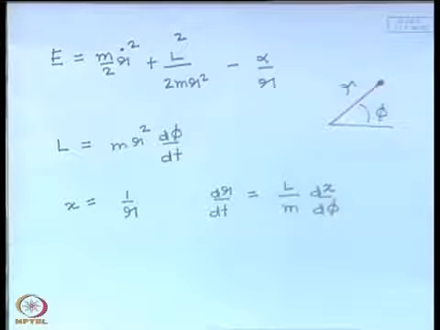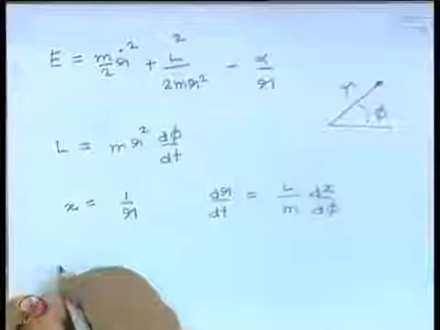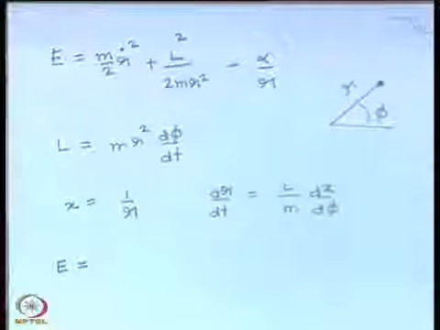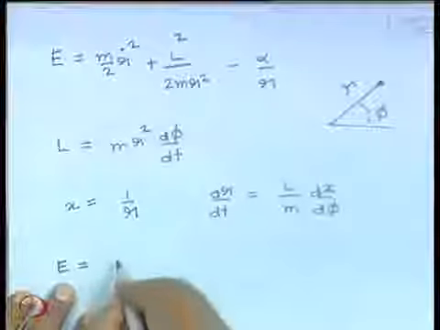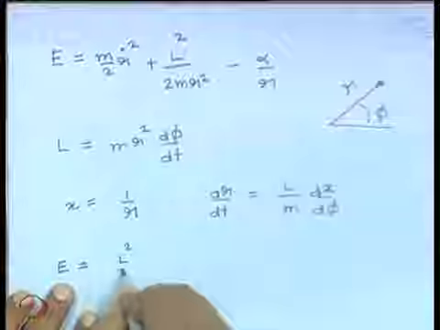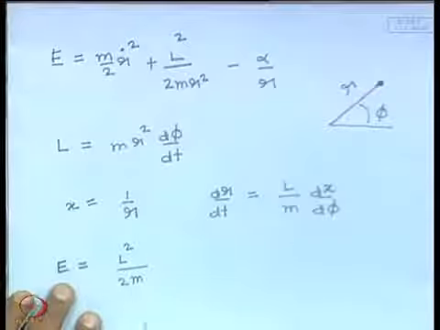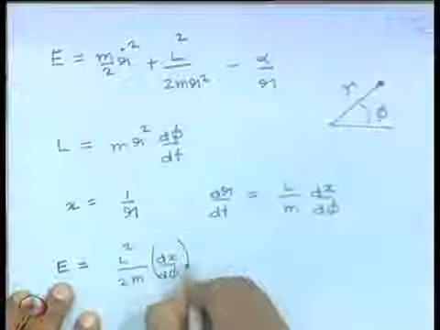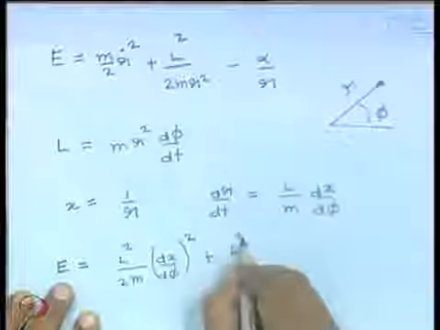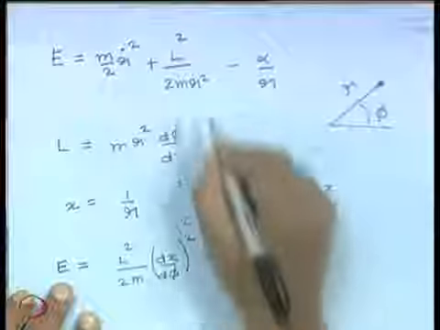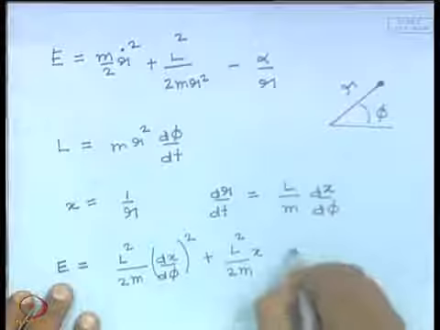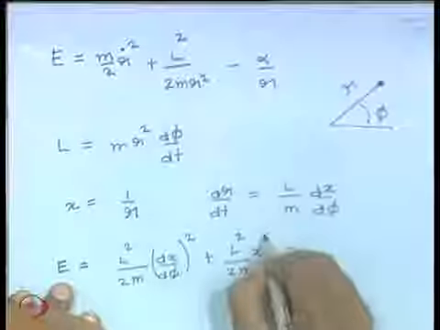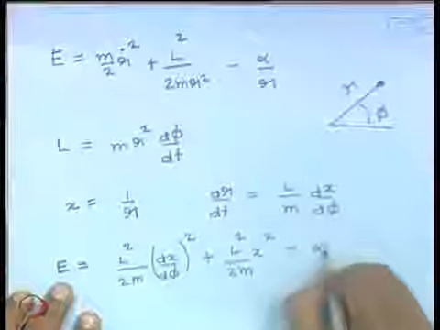If we substitute this here, then we have the energy E equal to L square by 2m into dx d phi whole square plus L square by 2m into x square, where x is 1 by r, minus alpha into x.